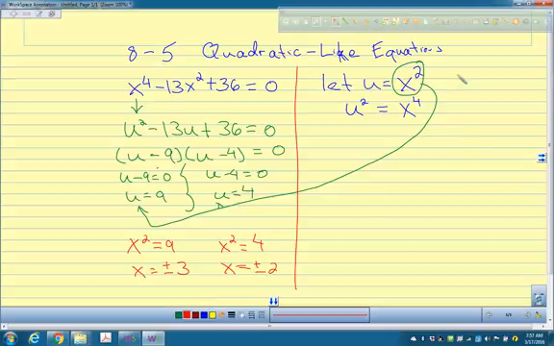You try. X to the fourth minus 11x squared plus 18 equals 0. Okay. So see what you come up with for that one.